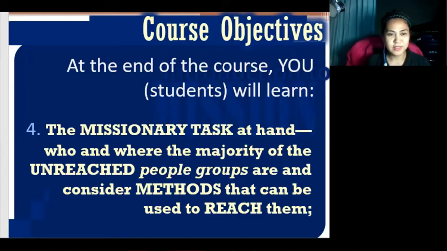They still don't have access to the Bible or the church. Once a missionary gets into their people group, then there is hope for them to be a reached people group. Anyway, we'll be talking more about this in the next lesson. For this time, let's just focus on the syllabus first.